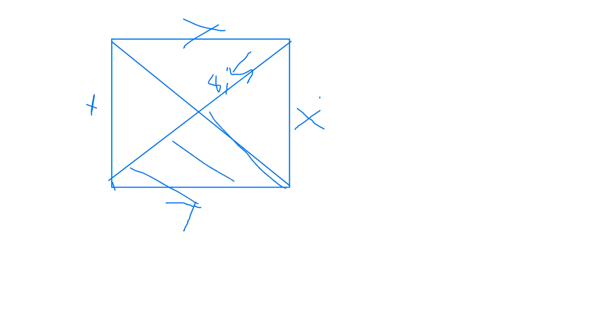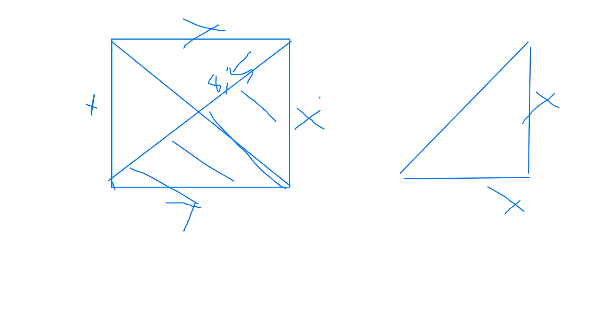You see, then I can have this, this one, then this one. Then I know that here is x. Here is x. Then the hypotenuse is 8.5.